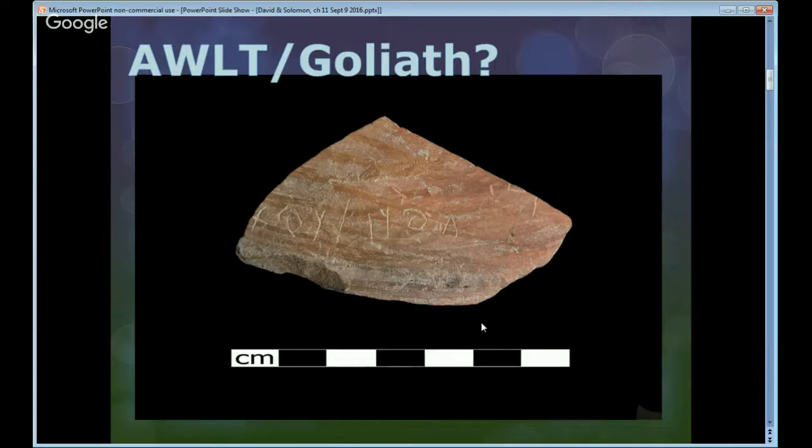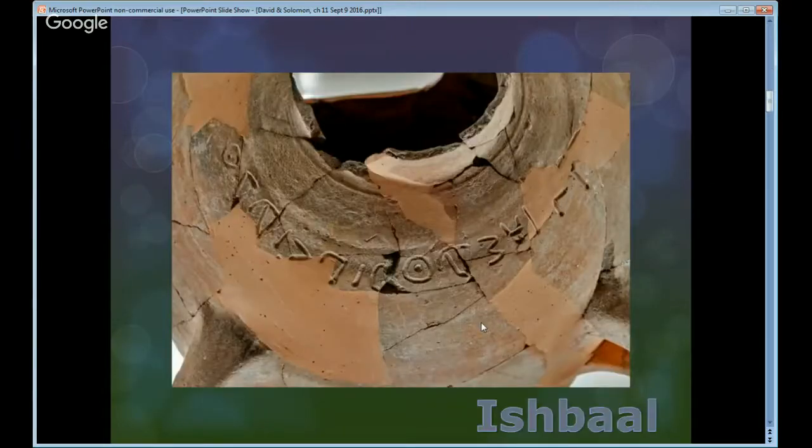The second artifact that we're going to look at tonight is going to be the Ishbal inscription. And this was written on a wine jug. And this just says Ishbal, son of Banah. And this is fascinating again because we have another contemporary name.